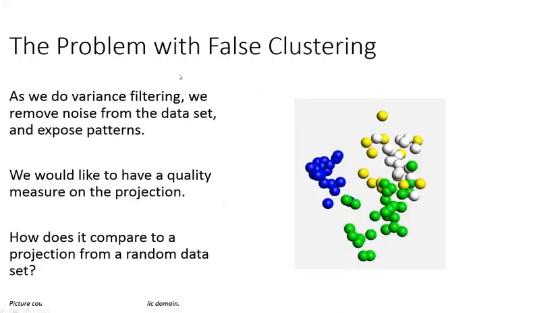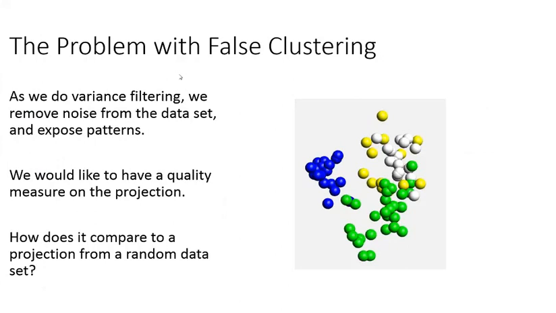When we do variance filtering, we remove noise from the data set and we expose patterns. But how do we know that we have reached an optimal point? Because if you go past the optimal point, we will start to actually remove the interesting information also from the PCA plot.